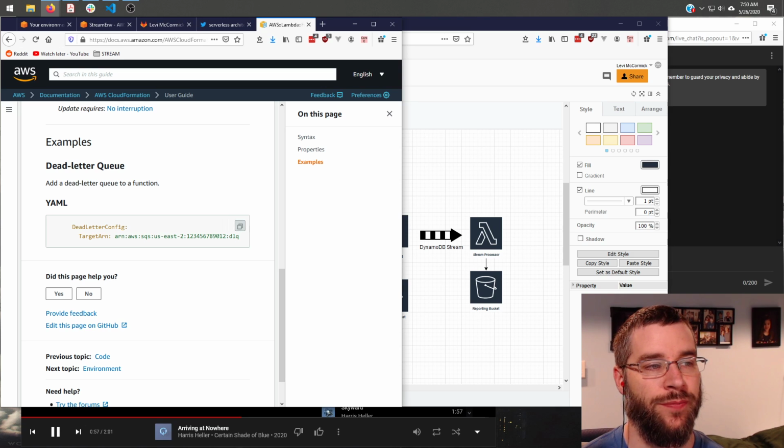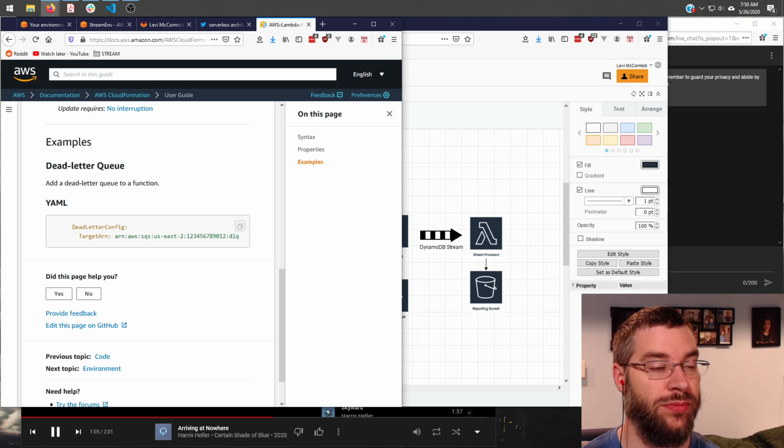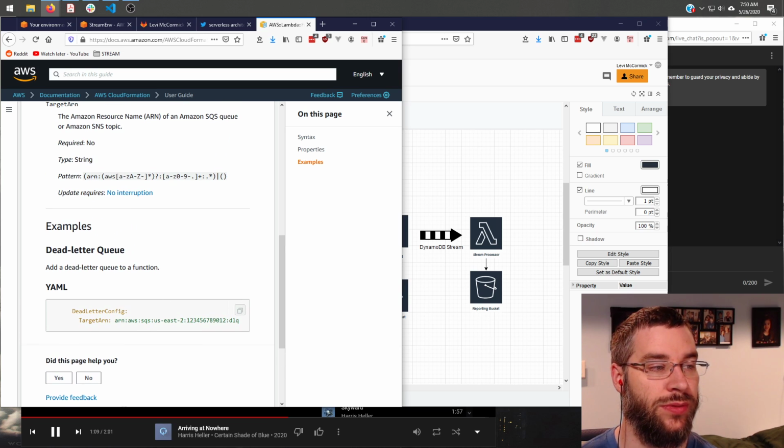It gives me an idea of all the ways you can configure a given resource. So dead letter queue looks really simple. It's just a target ARN.